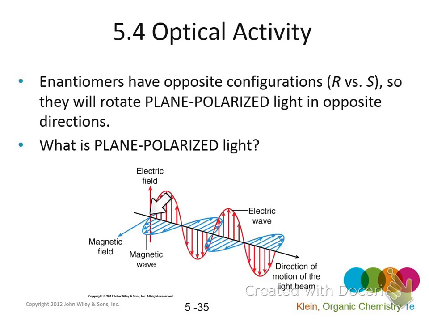The electric field and magnetic field are at 90 degrees to each other, orthogonal to each other, as they travel through space. That's really confusing for a lot of people, so just pretend it's a simple single wave traveling like this.